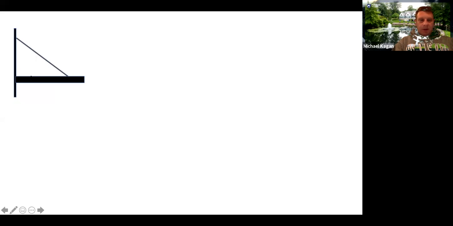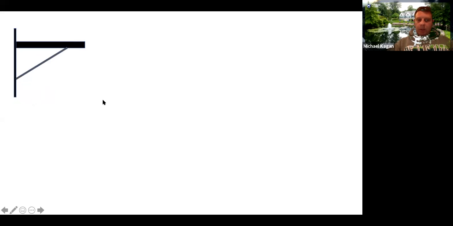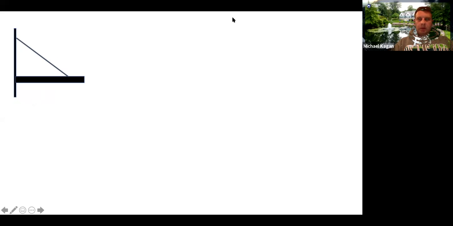So this is a shelf, and this is a string. Let me tell you what's given: the mass of the shelf, its length L, this angle theta, and the distance where the string is connected.